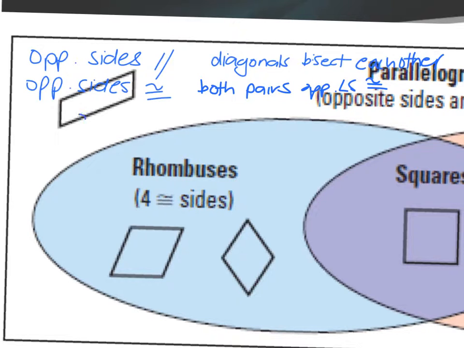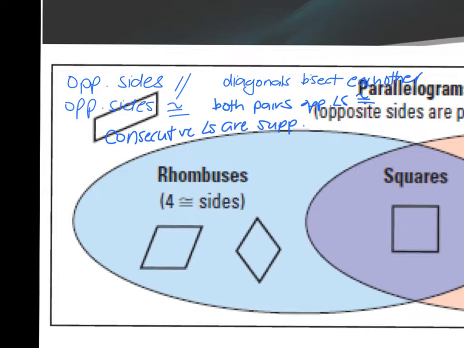Good. Consecutive angles are supplementary. So all 5 of these are true about a parallelogram. And because a rhombus, a rectangle, and a square are parallelograms, all 5 of those things are also true for all of those.